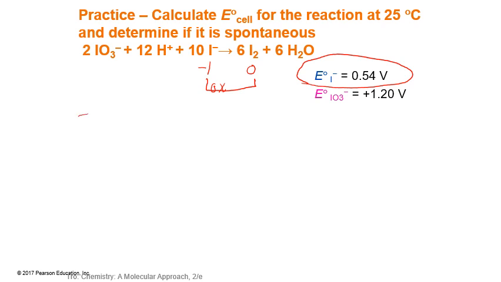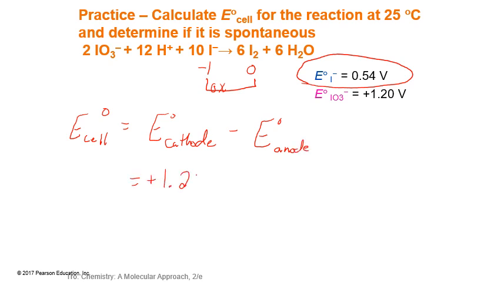Let's calculate our Ecell. So we're going to take the potential of the cathode minus the potential of the anode. Cathode is our more positive value minus a positive 0.54 volts.